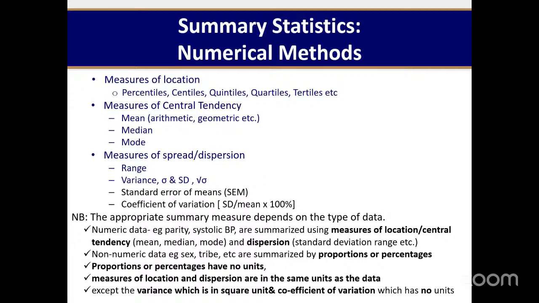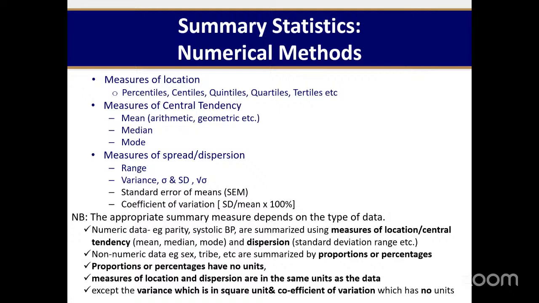So anytime you see tertiles, then we are looking at measures of location. Percentiles, we are looking at measures of location. When you see anything like median, mode, mean, whether arithmetic or geometric, then you are looking at central tendency. To what extent are they aggregating at the center?